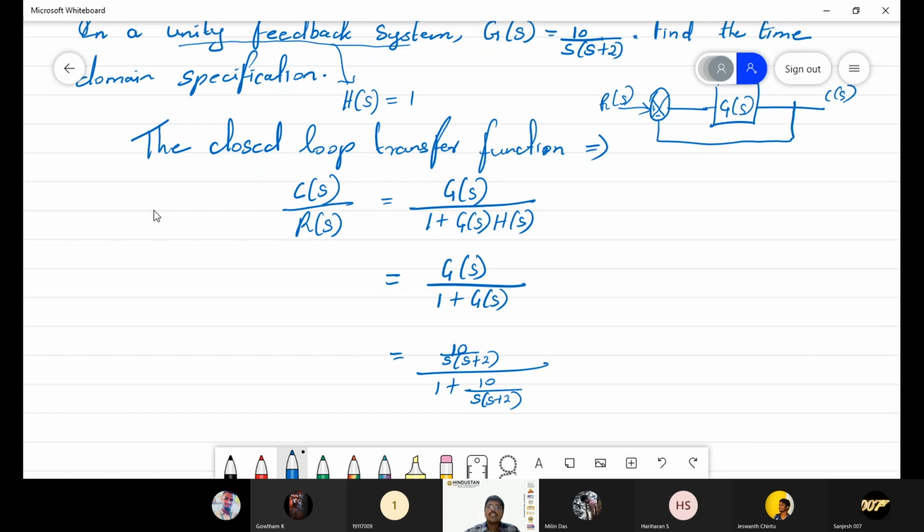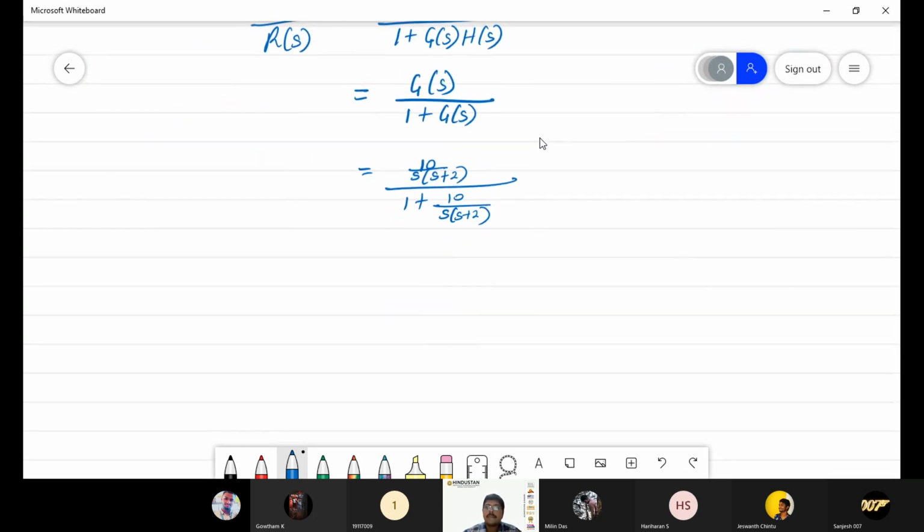The numerator 10 divided by s into (s plus 2) remains as it is. In the denominator, taking the LCM, we get s into (s plus 2) plus 10, divided by s into (s plus 2).